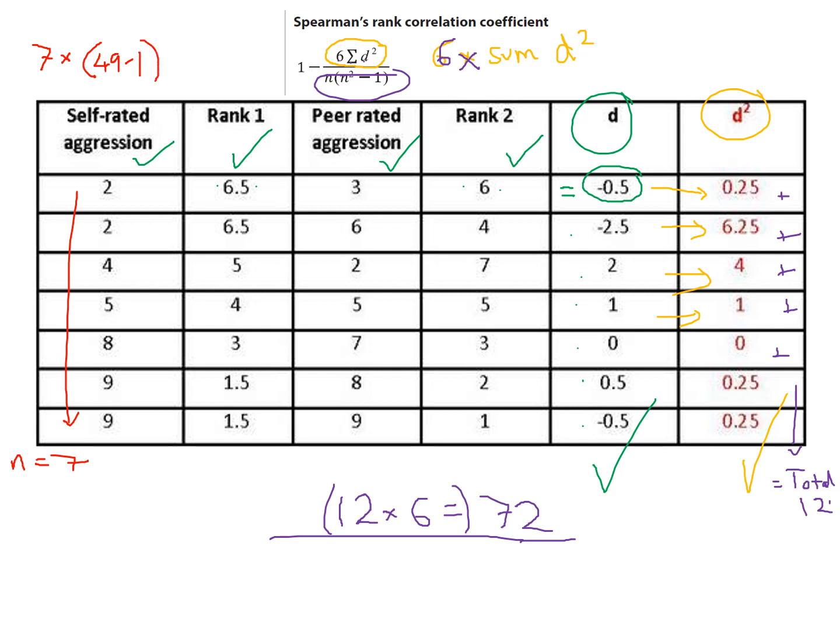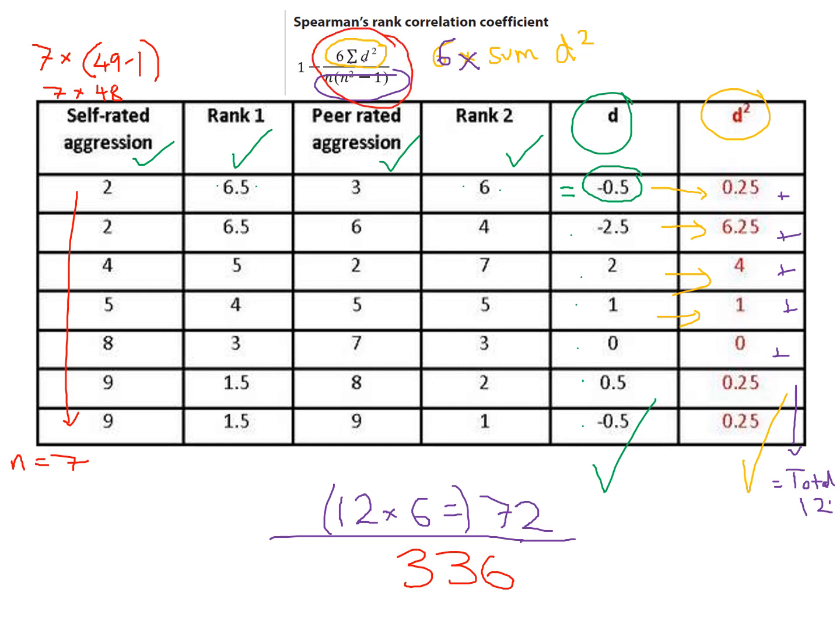So that translates to 7 times 48. So we work that out. 7 times 48 is 336. Okay, so that's worked out the whole of this bit here.